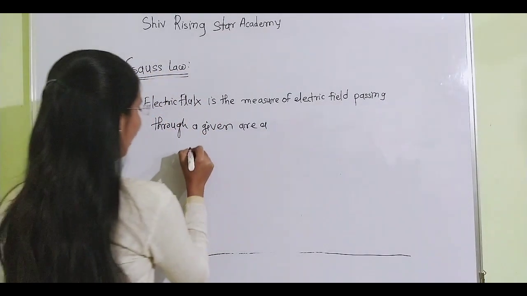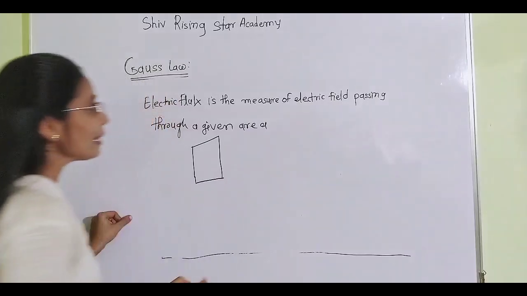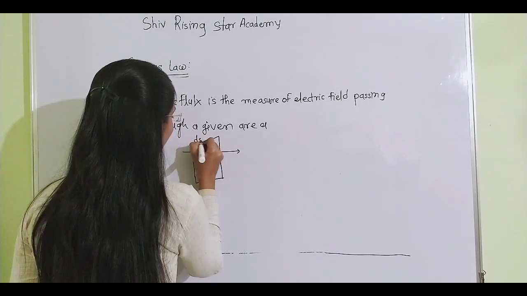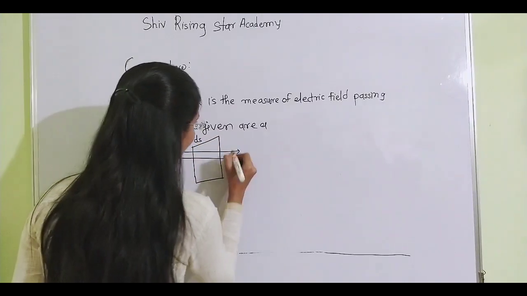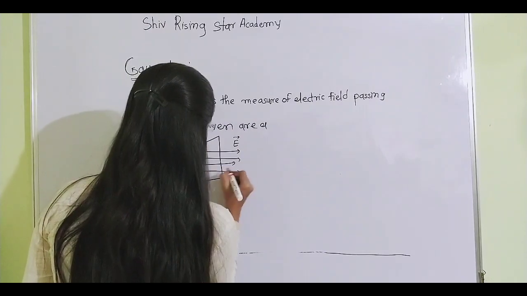Suppose we have an area, and the electric field passing through this area, suppose this is dS, area dS, and the electric field E bar passing through this area dS.